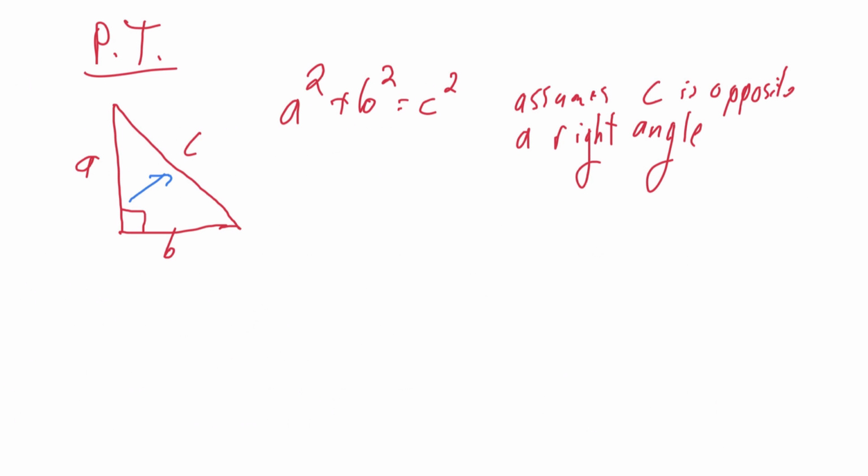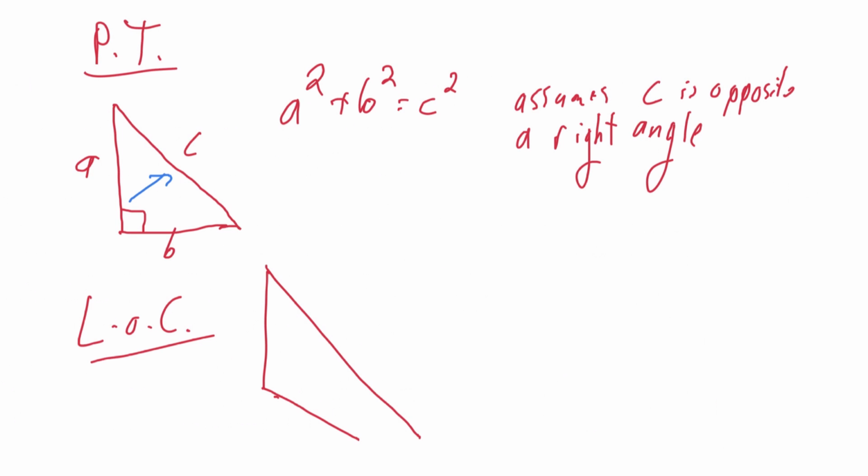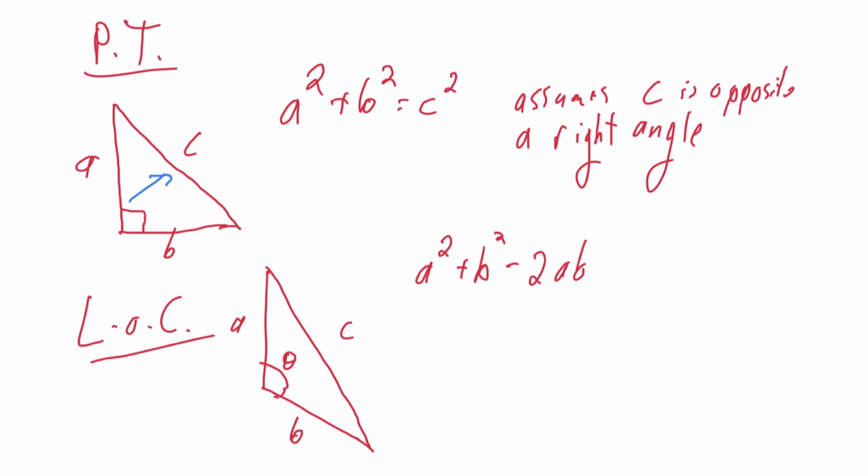Now, in the case of the law of cosines, we make no such limiting assumption. So here I'm allowing the angle in question to be perhaps larger than 90 degrees, maybe smaller also. So here I say that a squared plus b squared minus 2ab cosine of theta equals c squared.